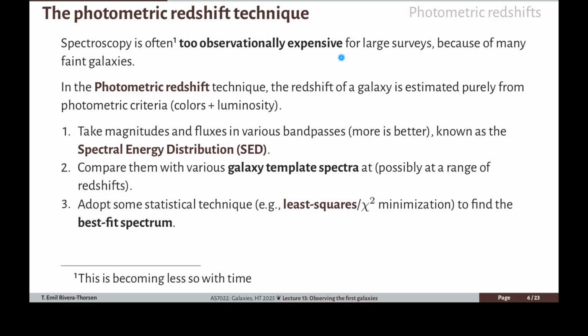This is becoming less true with time, especially after the launch of JWST again, and it's also going to become less true once the EELT, the European Extremely Large Telescope, is going to come online. But it has been a very hard practical limitation on this kind of surveys for a very long time, and it still kind of is.